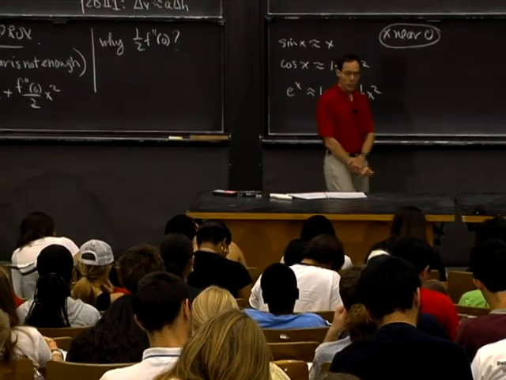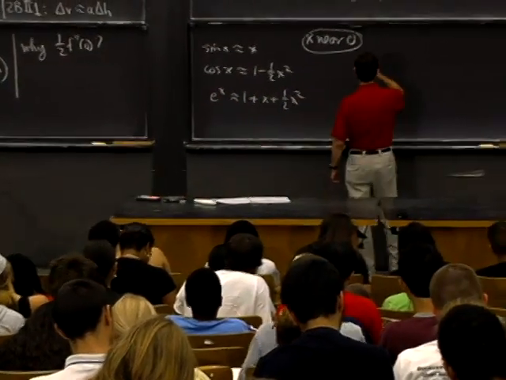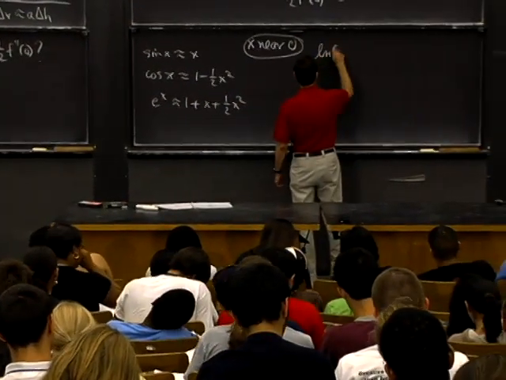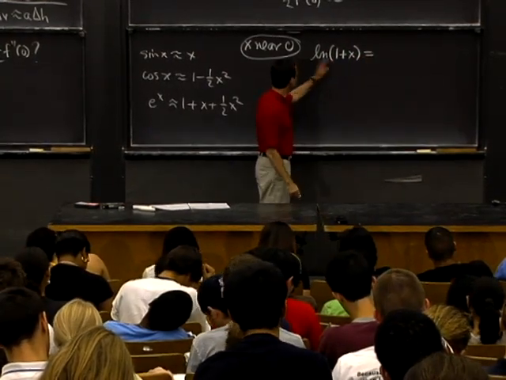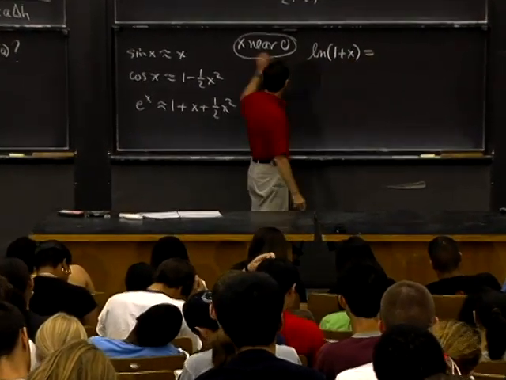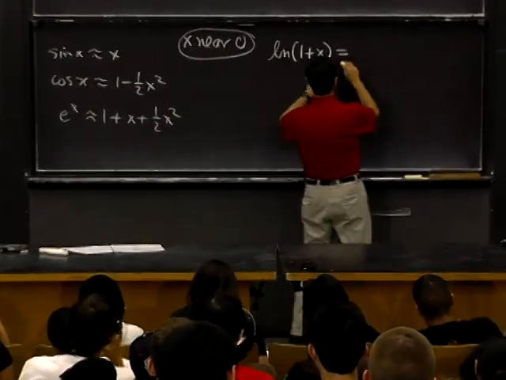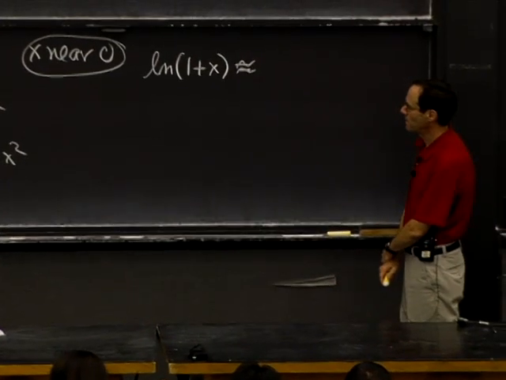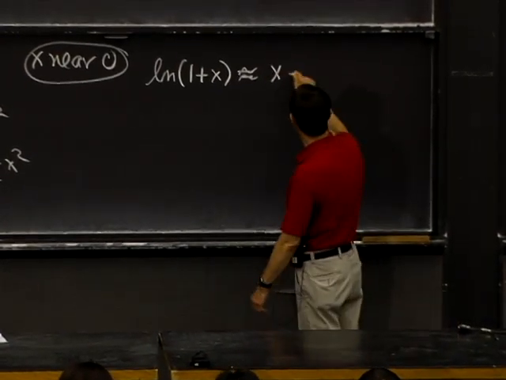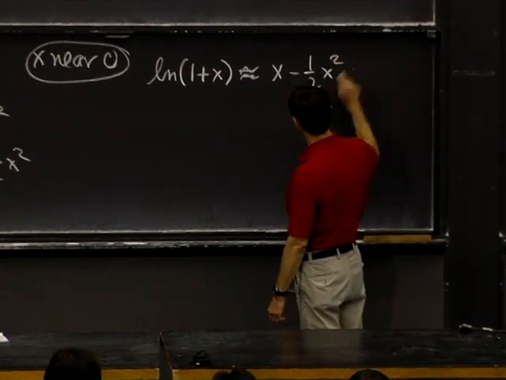Now, the other two approximations that I want to mention are the logarithm, and we use the base point shifted so we can put it at x near 0. And this one, sorry, this is an approximately equals sign there. Turns out to be x minus a half x squared.